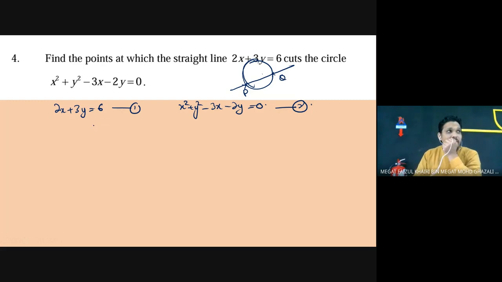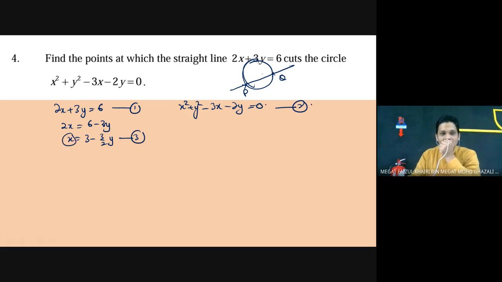So simultaneous equation, but it's impossible for us to use the elimination method. So the other method that we have is substitution. Now let 2x equal to 6 minus 3y. And then x equal to 6 divided by 2 equal to 3 minus 3 over 2y. Equation 3.